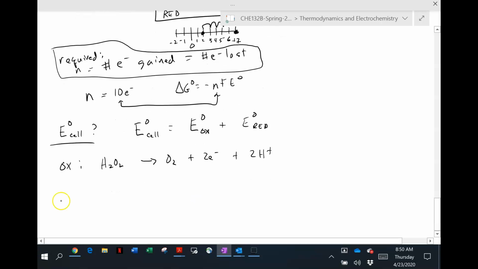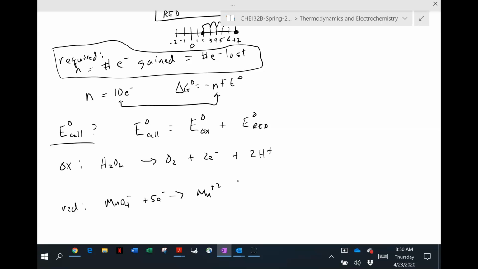The reduction half reaction for this one was MnO4 minus, picking up 5 electrons and going to Mn2+, and we're not going to worry about the hydrogens. That's the core, the oxygens. Those oxygens wind up in water molecules, presumably. But we're going to take a look at that.